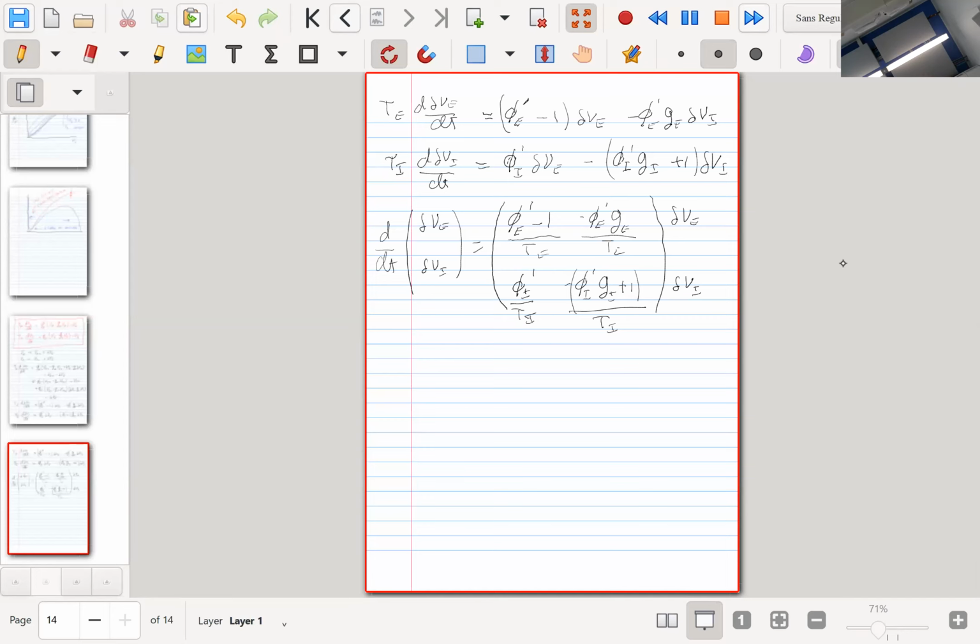So this is the set of equations we want to solve. We want to find the fixed points. So this is something that you guys should definitely know.